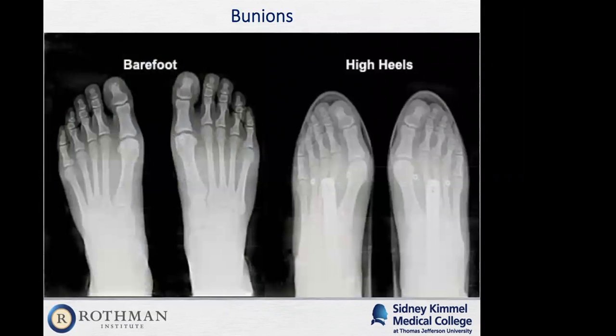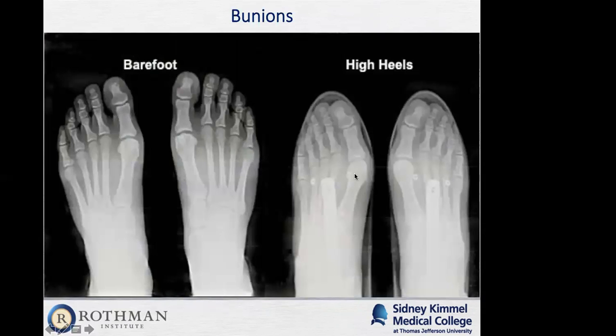This is just an example of how shoes can really affect the shape of our foot and specifically our toes. On the left is a depiction of an x-ray of both of someone's feet when they are barefoot, so they don't have any shoes on. You can take note that there is a little bit of angulation of the big toe, but a little bit of angulation is considered normal.